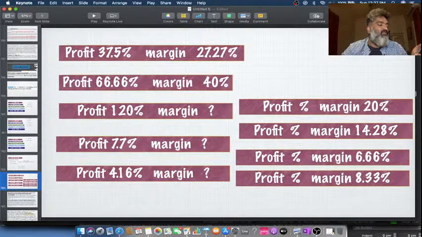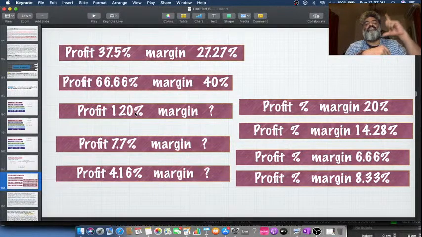Devarpita says profit 120%, margin 54.54%. Okay, so 120%, first of all, 20% is 1 by 5, 120% means 6 by 5. So keep the 6 by 5, this is without pen and paper, right? 6 is your profit, 5 is your cost, 5 plus 6 is 11.